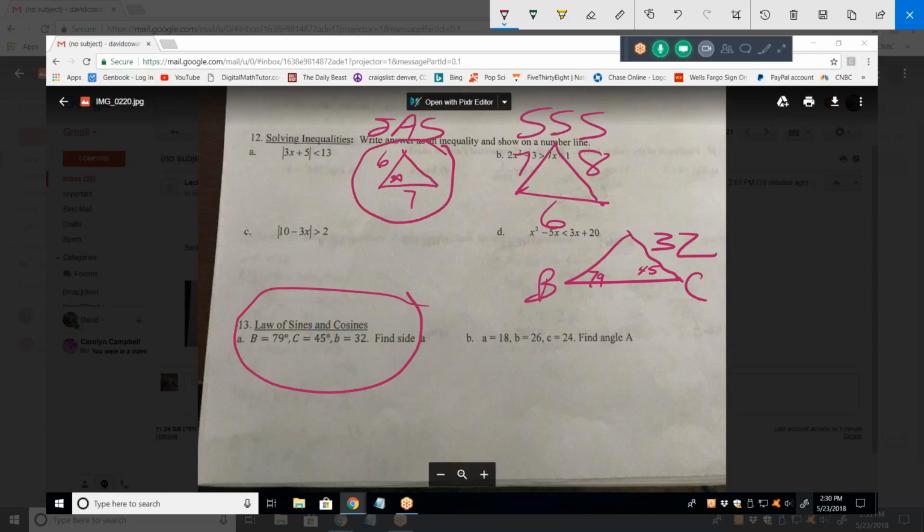They'll almost always give you 3 pieces of information. And they want you to solve, in this case, only for side A, which is this side right there. So, what's the law of sines? The law of sines is going to let us solve that. What's the general law of sines?